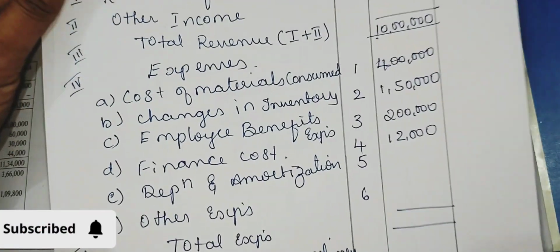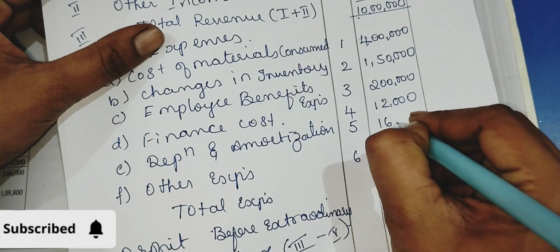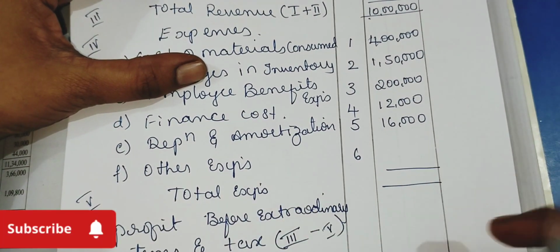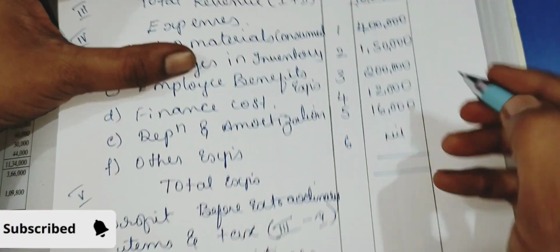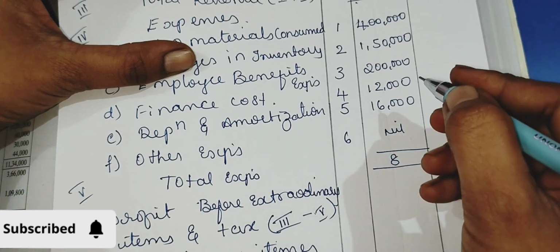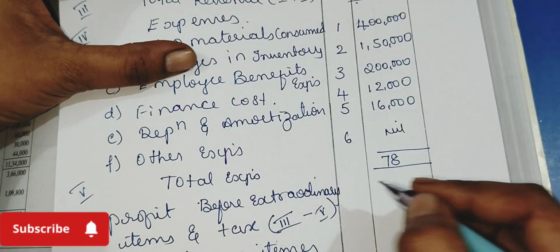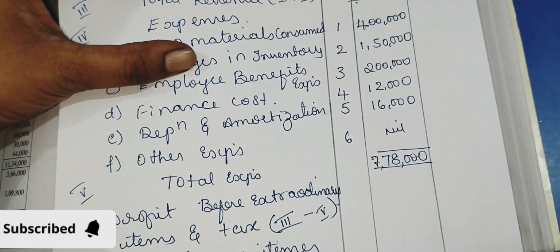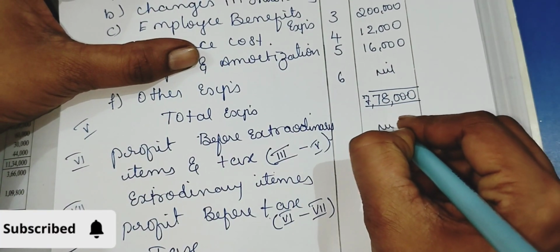Depreciation and amortization also we have recorded, that is 16,000. Other expenses, it is nil. Right. So total expenses is 7 lakh 78,000, right? Now, any extraordinary items? No, it is nil, right?